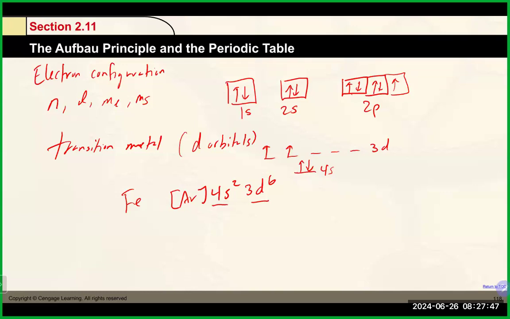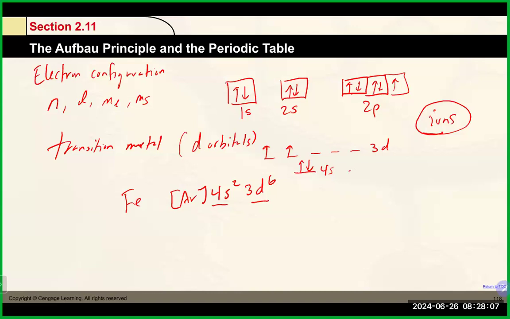Also important in terms of transition metals, different than the representative elements, is when we form ions. When we form ions in representative elements, it's usually the last electrons that either gain the electrons or lose the electrons in the electron configuration.